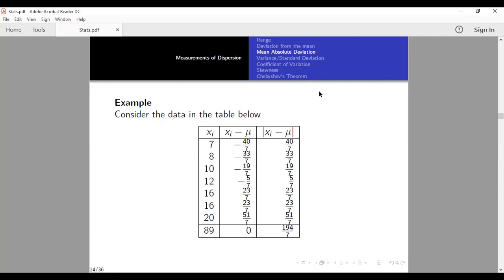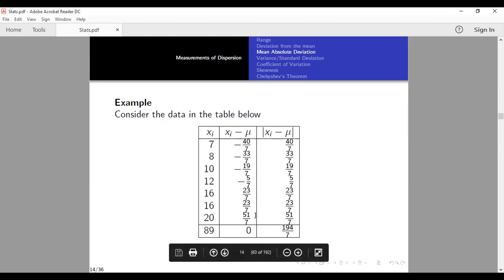Now, on this side, we've got xi minus mu, where the absolute value of negative 40/7, we just simply remove the negative and then we have positive. The absolute value of negative 33/7, we just simply remove the negative and get the positive, and we do the same thing for 7, the same thing for 5/7, and then we've got these values.